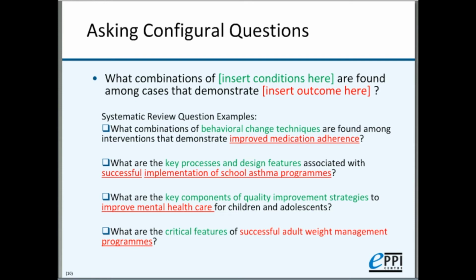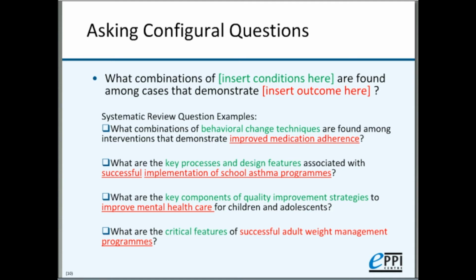So what do we mean by asking configural questions? In this slide, we try to summarize some of the questions and example questions of real-life reviews that are taking place that make best use of QCA. So as a generic question, we've got what combination of conditions are found among cases to trigger that outcome. And so some of the examples that we have here are what combinations of behavioural change techniques are found among interventions that demonstrate improved medication adherence?